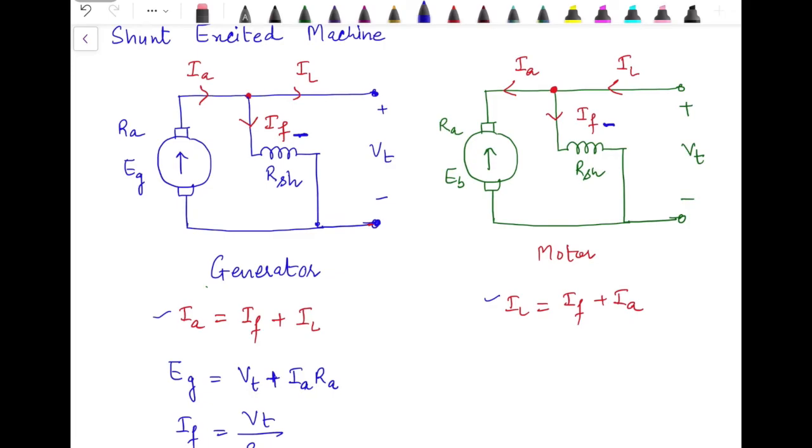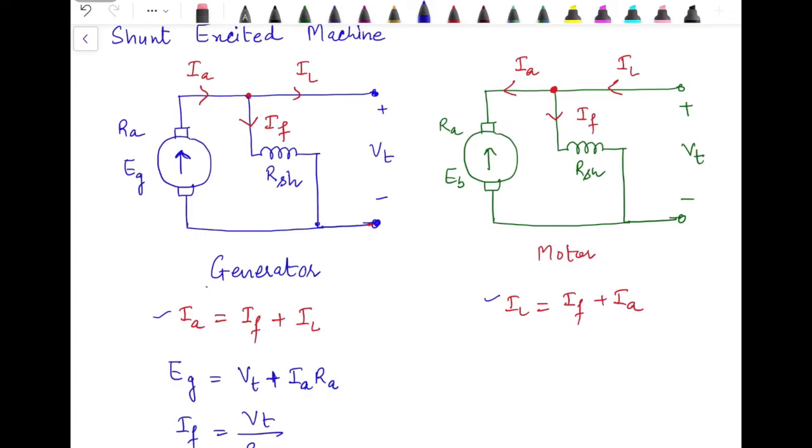Now the question comes to us: how is the EMF initially induced, since we need to give the supply to the field winding from the armature only? For the shunt excited or series excited generator, we have to design them so that they have residual magnetism.